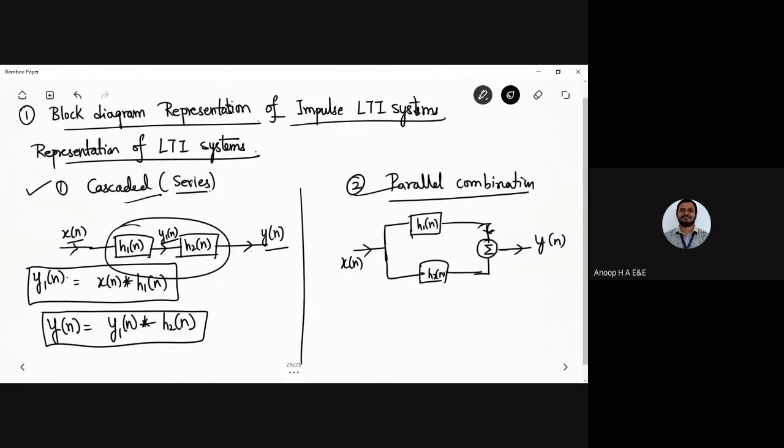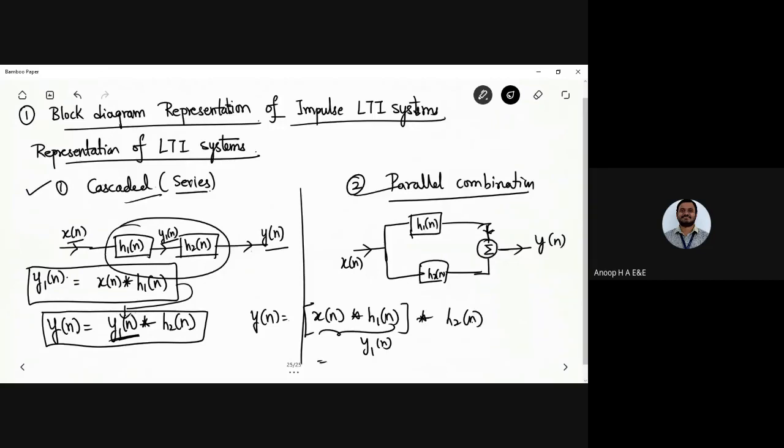Now here I can replace Y1 of n with X of n convolved with H1 of n, so this one was for Y1 of n, convolved with H2 of n.